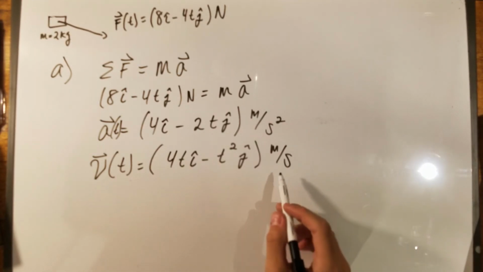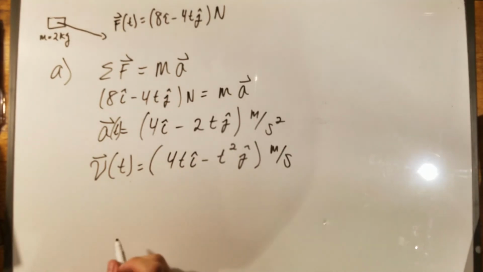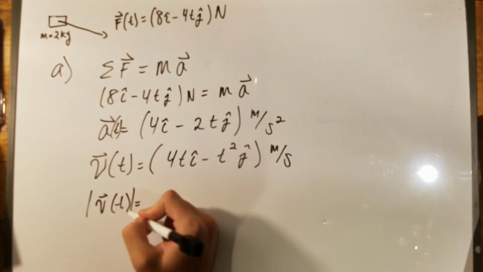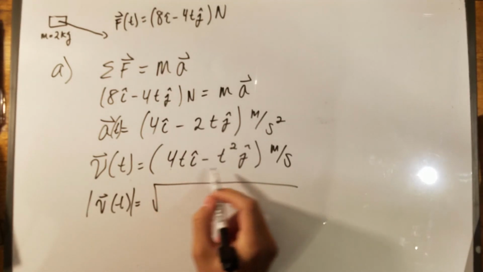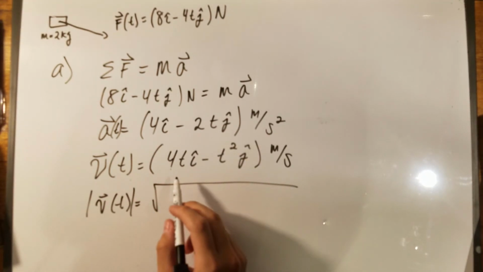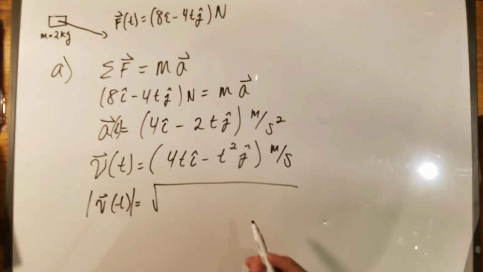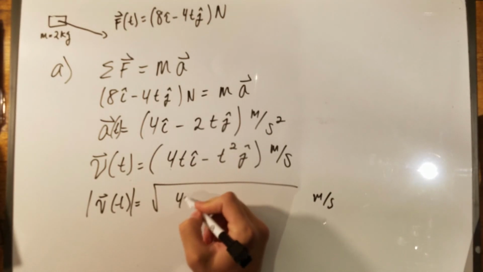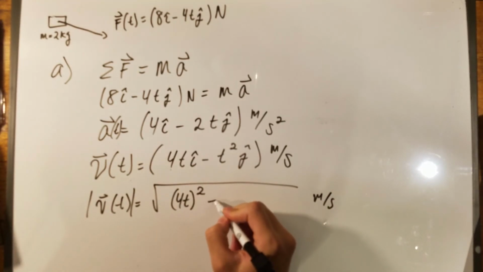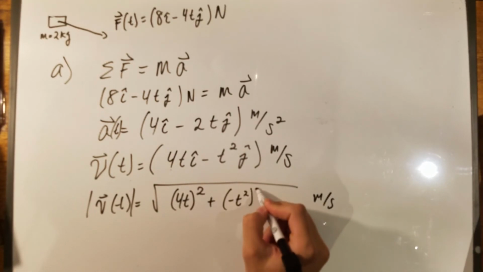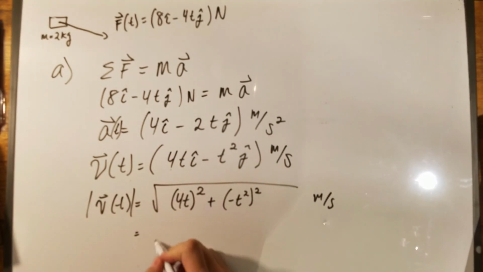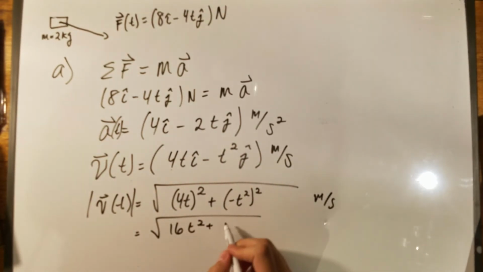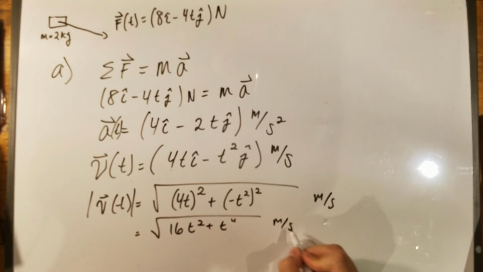This gives us a vector of velocity, so to find the actual speed, you have to take the magnitude, which is the square root of both terms individually squared and added together. So we get 4t squared plus negative t squared, and that equals the square root of 16t squared plus t to the 4th meters per second.